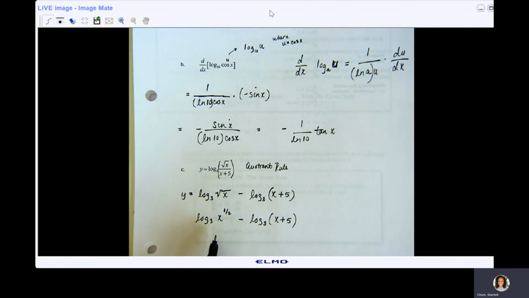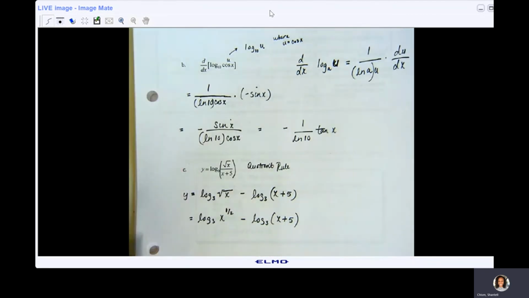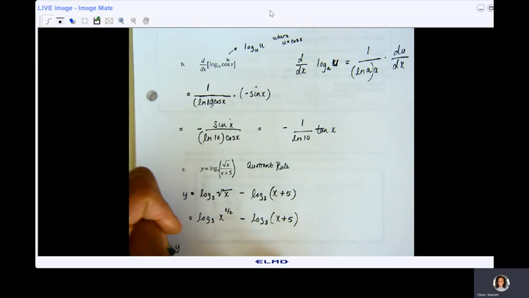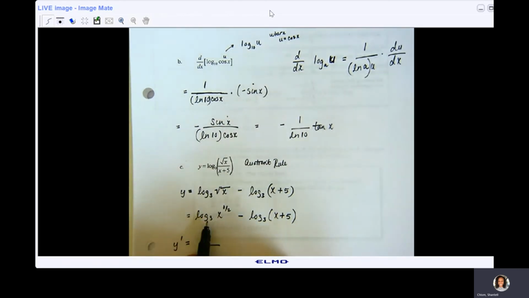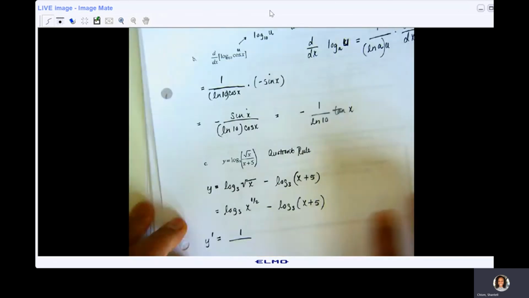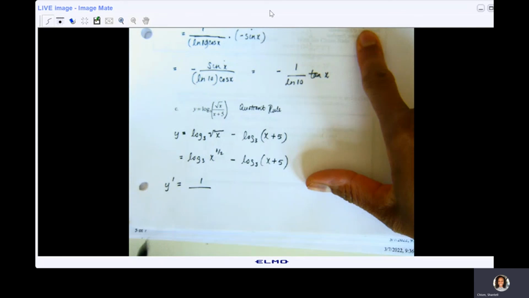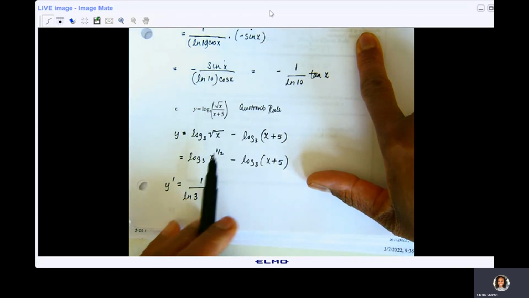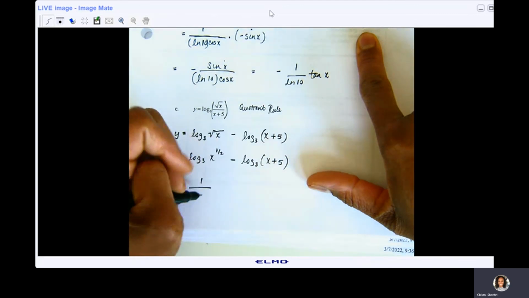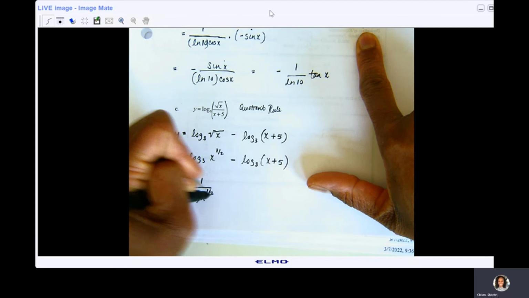Then, of course, I would follow a similar pattern to what I had up here when I take the derivative. So I have a log base 3, so let's say y prime. This would be 1 over, I'm talking about this first term, this would be 1 over, I had log base 3, that was log base a, so I have ln 3, keeping this part the same, x to the 1/2 power.